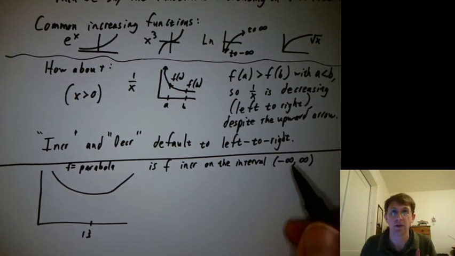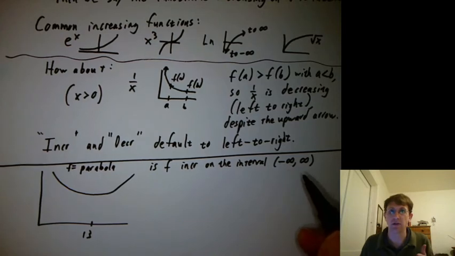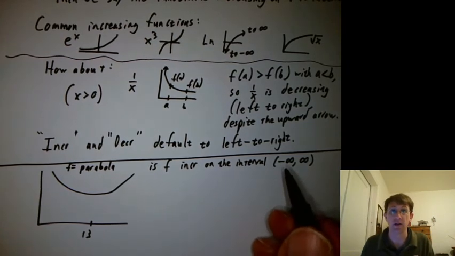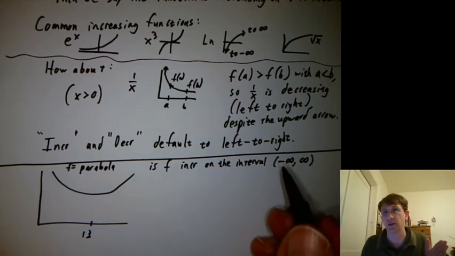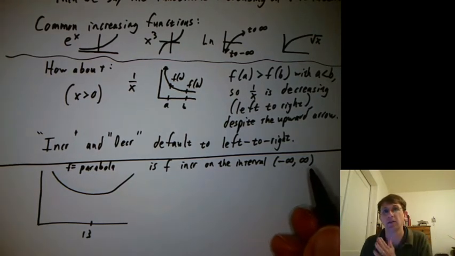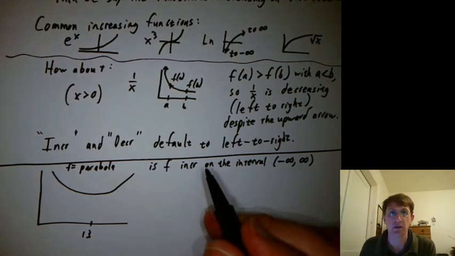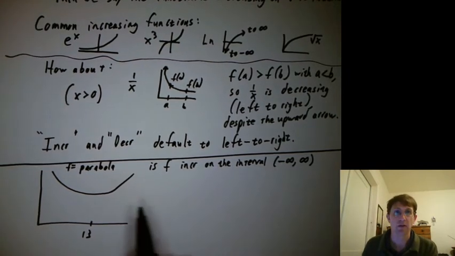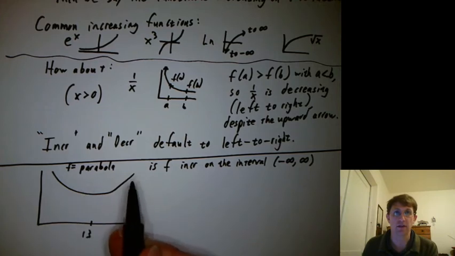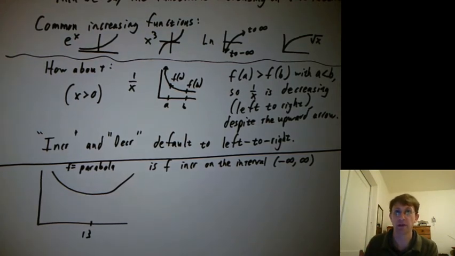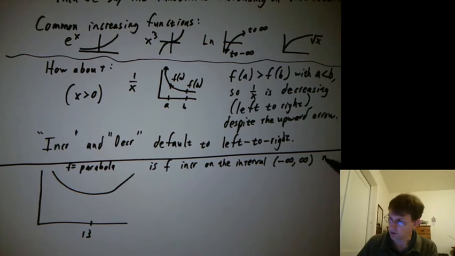And here I don't mean the ordered pair negative infinity to positive infinity, like x of negative infinity, y of positive infinity. I mean starting at x equals negative infinity, roughly speaking, and going to x equals positive infinity. Would you say f is increasing? Well, f decreases until you get to 13 and then increases. So overall it's not purely increasing. So we'd say nope.